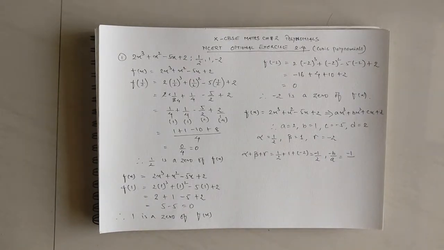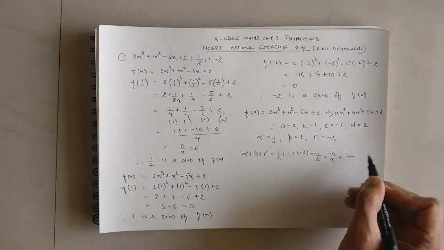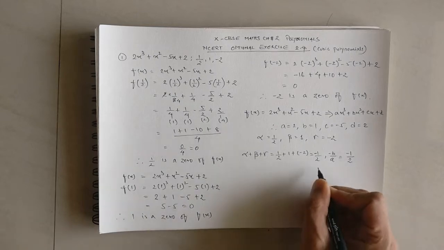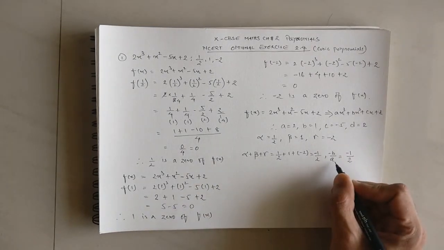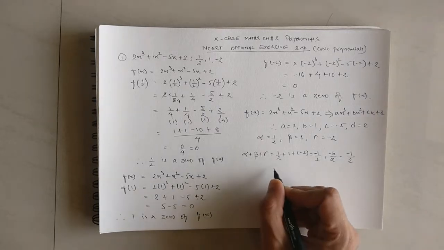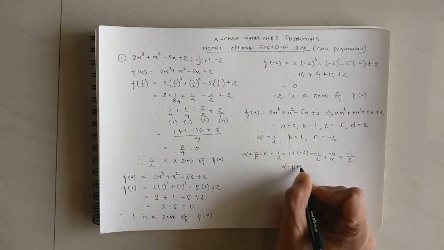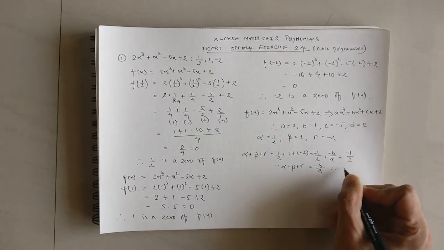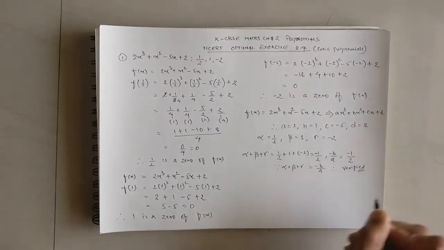So minus b, that is minus 1, by a, that is 2, gives minus 1 by 2. Since alpha plus beta plus gamma is equal to minus b by a, it is verified. So the first relationship is verified.